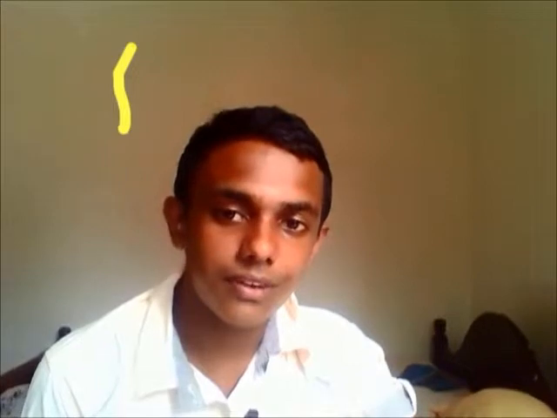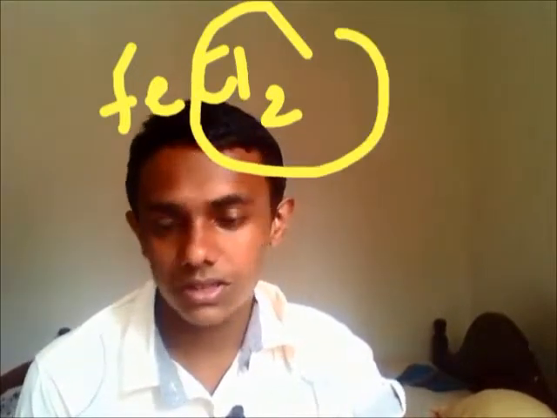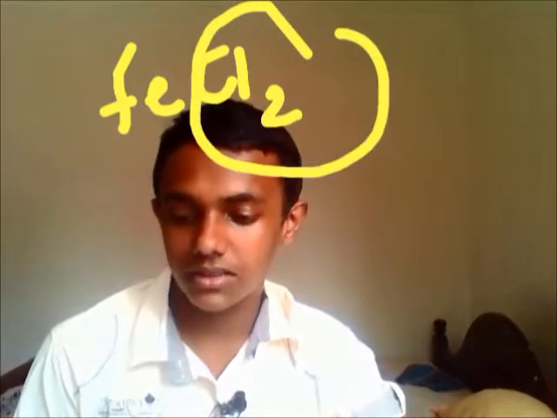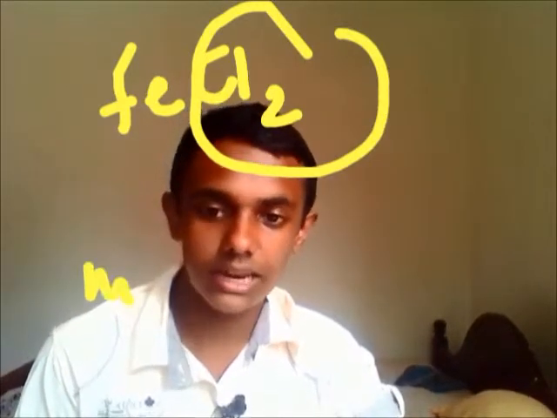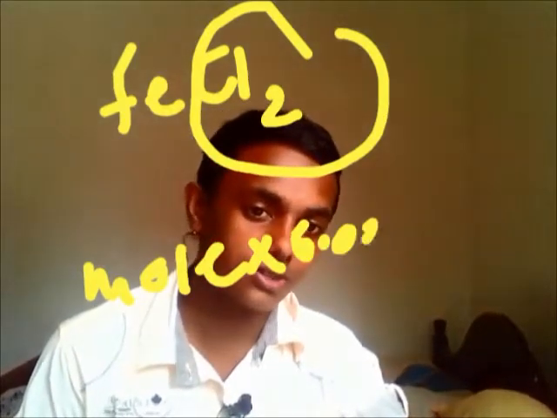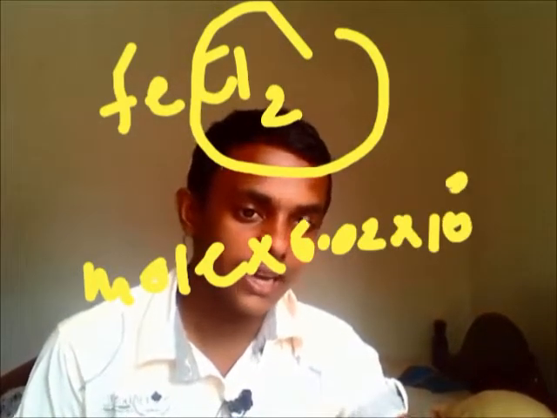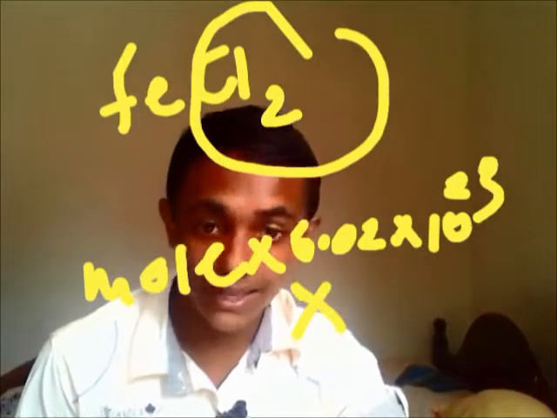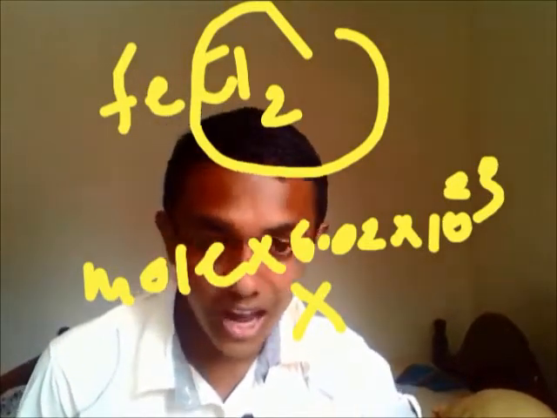And next we will talk about how to calculate the number of ions. If we suppose there's a formula like FeCl2, first you need to find the number of moles of chlorine. First you calculate the moles, then multiply by the Avogadro constant 6.02 x 10 to the 23, and next you multiply by the number of ions in the formula.